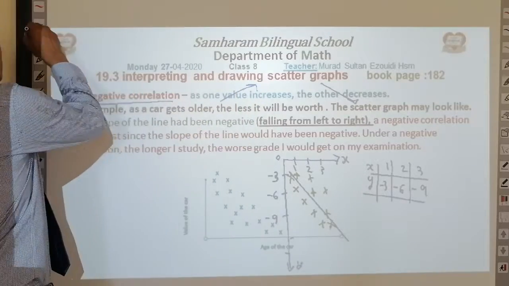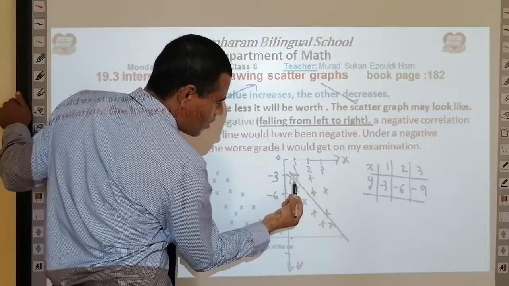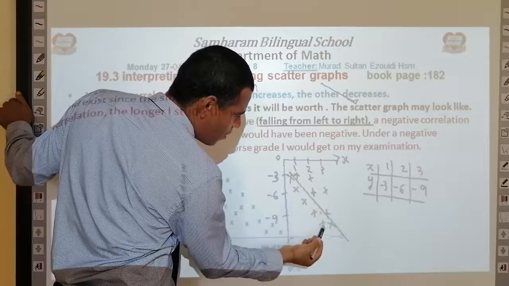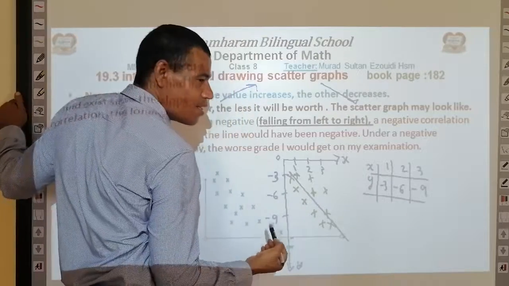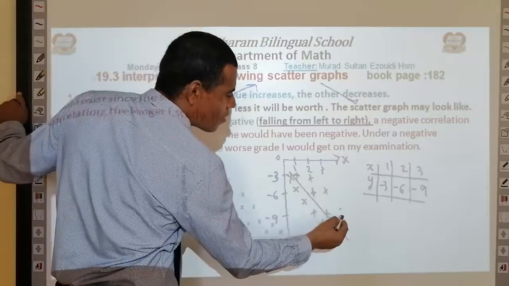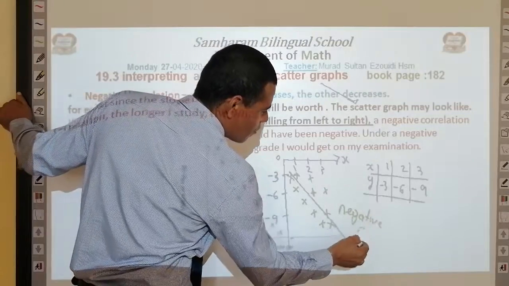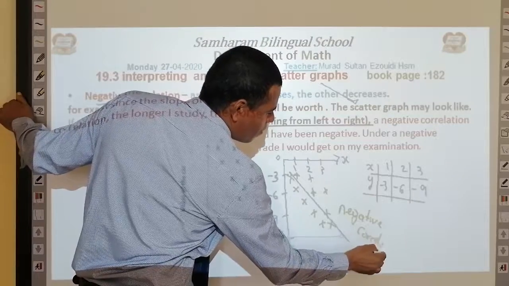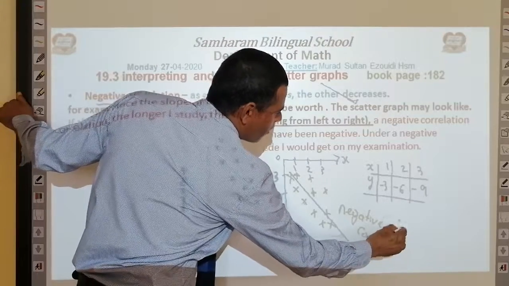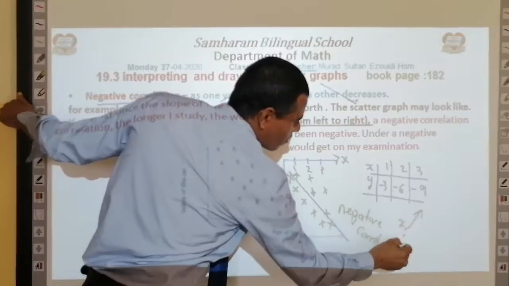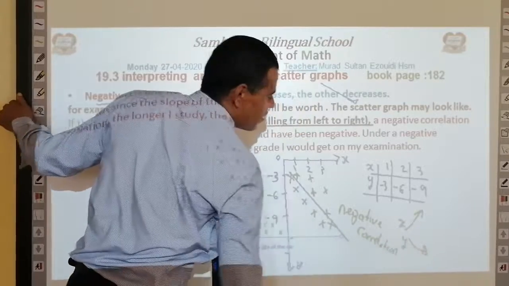So, you can see that the slope of the line is negative. As it is negative, it's called negative correlation. Why? Simply because when x increases, y is decreasing.